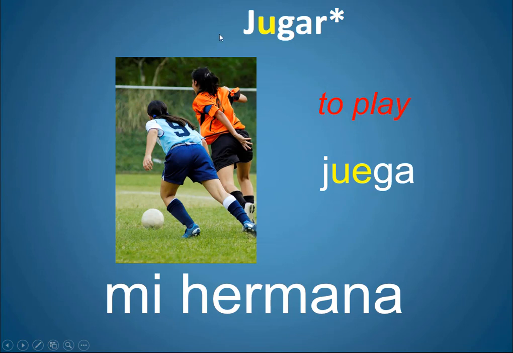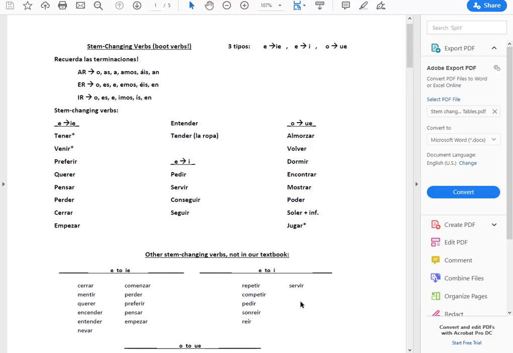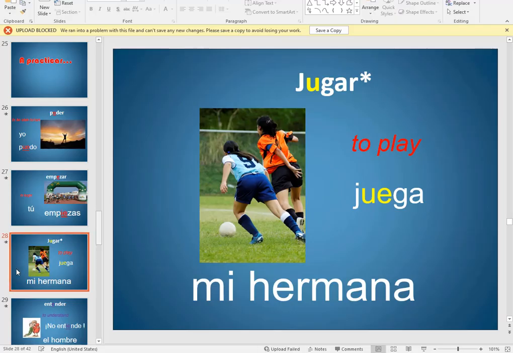So even if this verb doesn't have an O in the stem, the U, which kind of acts as an O, changes to UE. So it's part of this worksheet, jugar. That's why it has a star, because it's a little bit different. All of these verbs, the O changes to UE, but jugar doesn't have an O, but still, the U changes to UE. Only in those stem forms, you know?